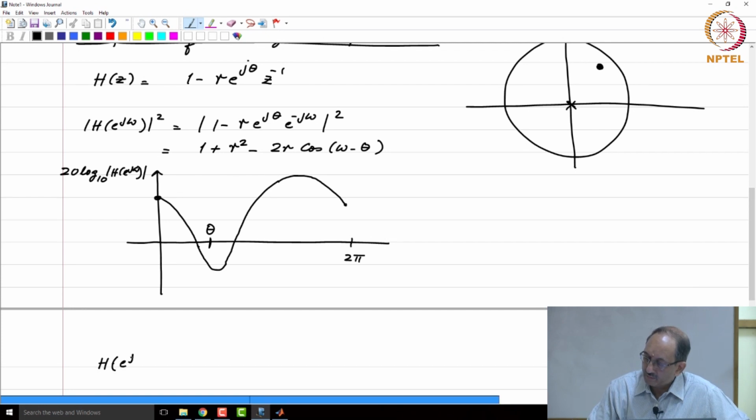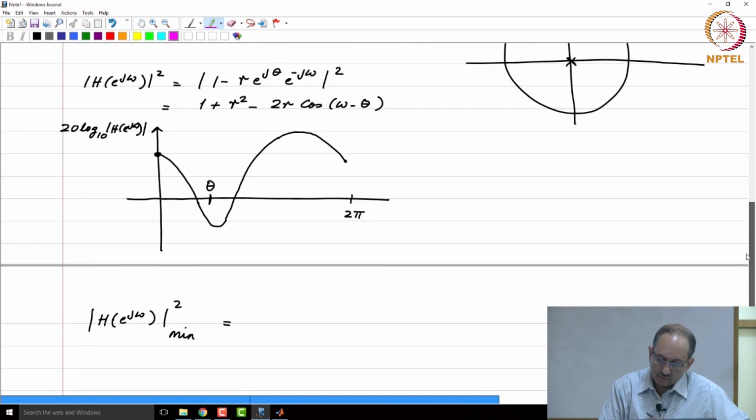Note that the magnitude of H of e to the j omega, whole squared, minimum will occur when omega equals theta. Therefore, when omega equals theta, this becomes 1 plus r squared minus 2r, and hence the minimum value of magnitude squared is 1 minus r whole squared.